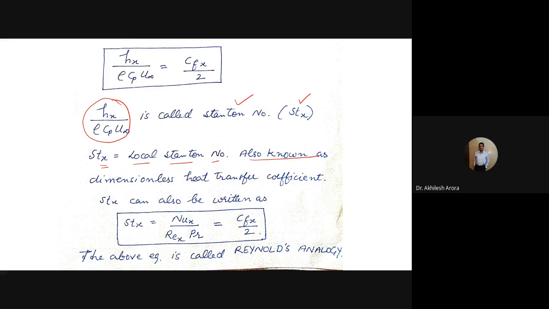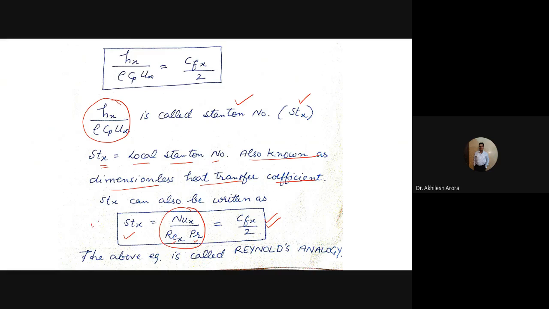It is also known as the dimensionless heat transfer coefficient, and we can also write the local Stanton number in terms of the Nusselt number, Reynolds number, and Prandtl number. Basically, the Stanton number is the ratio of the local Nusselt number divided by the product of Reynolds number and Prandtl number, and that is equal to Cfx by 2.